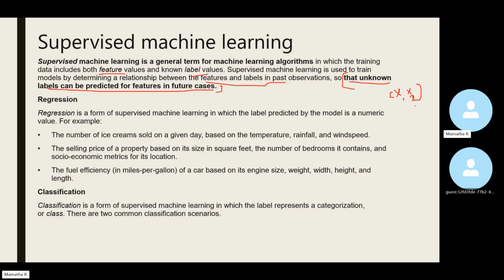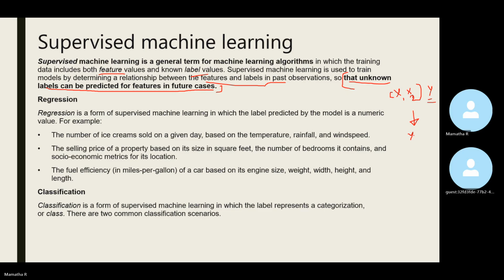In the future, I am going to predict a label. Here y is the outcome, and the label is already known for the previous values.